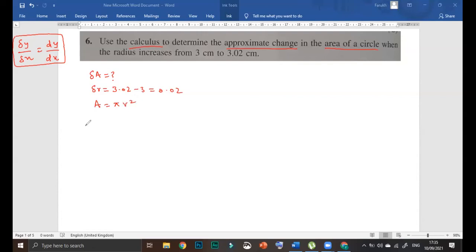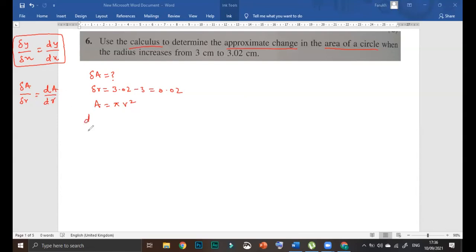Now, as there is a change in del A and del R, we will modify this rule to del A over del R is approximately equal to dA over dr. Now in this new modified rule, we want to find out del A, we have del R, we will find out dA over dr.